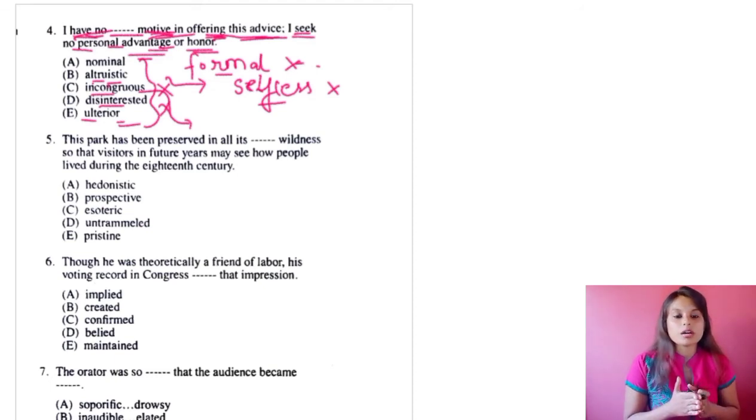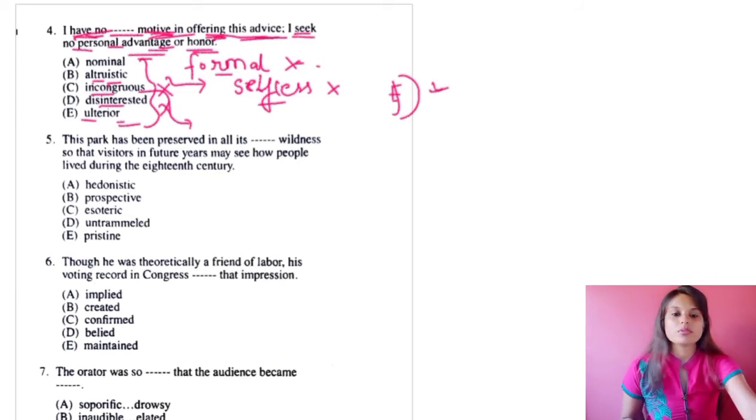Beneath the words that I am saying, I do not have anything else in my heart. I am speaking my heart out. There is no secondary motive in offering this advice to you. Whatever I am saying, that's clear cut. All right. So this would go better here. So I would rather choose option E to be the correct answer.